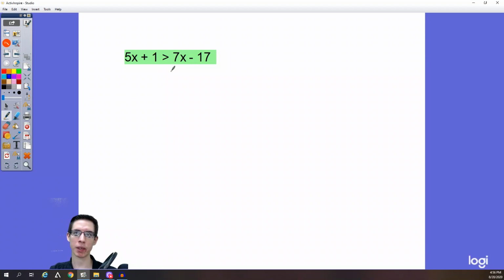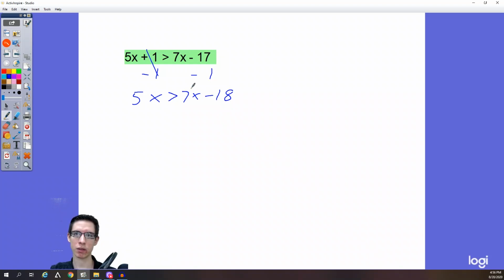We're going to start by doing some opposite processes. Let's move this plus 1 over to this negative 17. Let's subtract 1, subtract 1. That goes away. We get 5x greater than 7x. Negative 17 minus 1 gives us a negative 18.